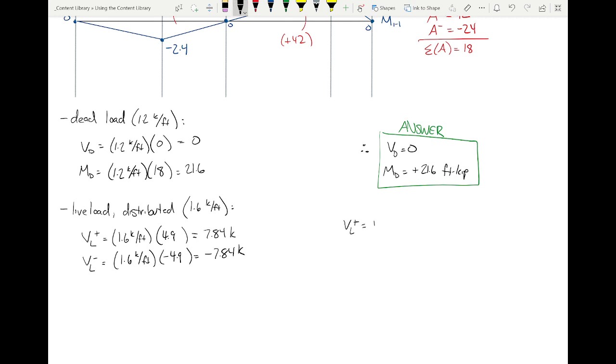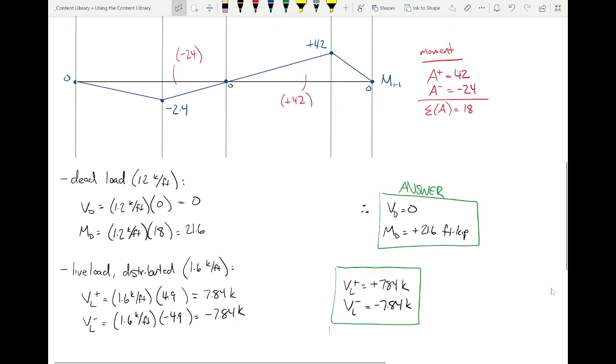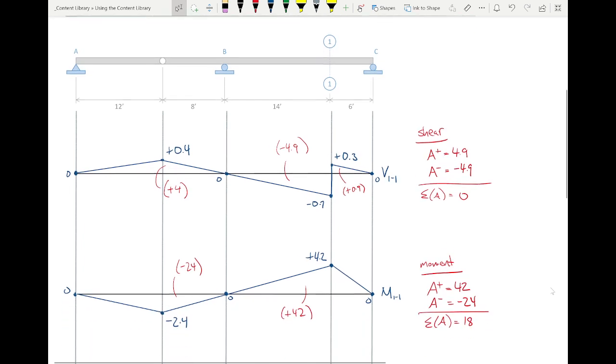VL plus is this. Now, what does that mean? Well, let's look at this. So here's the beam, and imagine that my yellow highlighter is the distributed load.